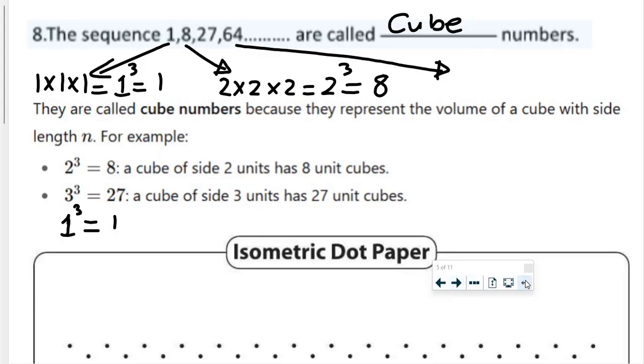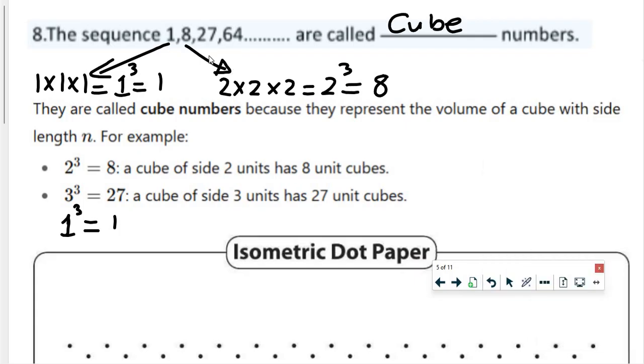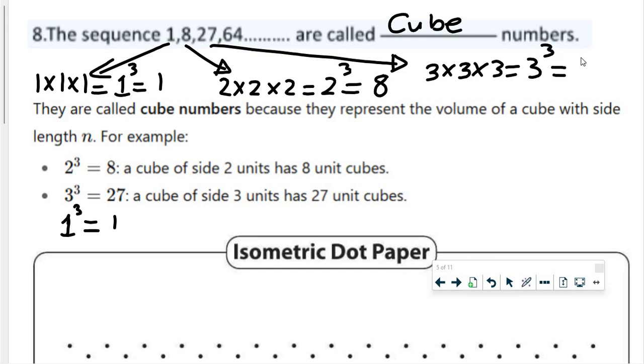So let me go back. This 27 is the same as 3 into 3 into 3, which equals 3 to the power of 3, and this gives you 27. Now, these numbers here, 27, 8, 1, these are what we call cube numbers.